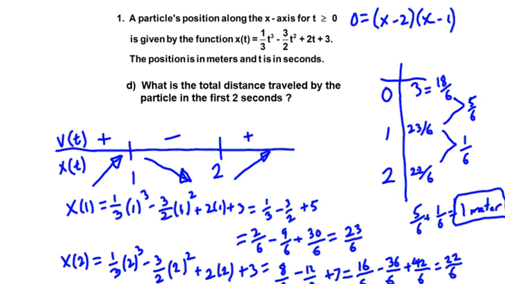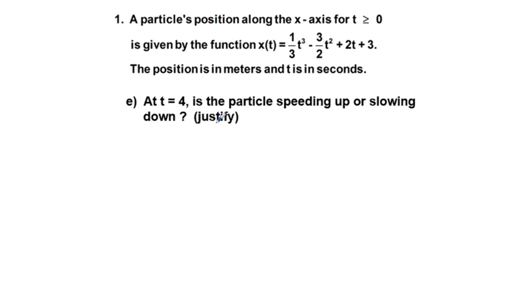Answer to part E. At t equals 4, is the particle speeding up or slowing down? Justify. Before that, we need to find the acceleration. Remember, we had our v of t equals t squared minus 3t plus 2. So a of t, which is our acceleration, equals v prime of t, which equals x double prime of t.